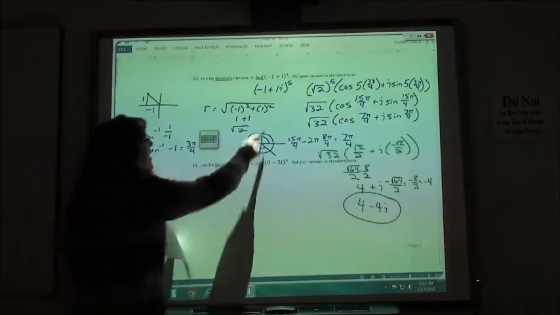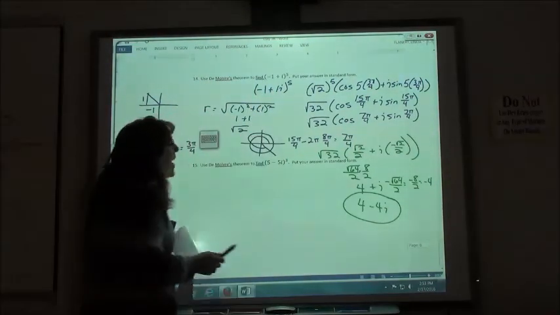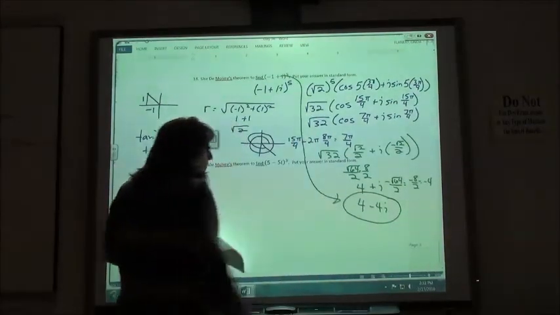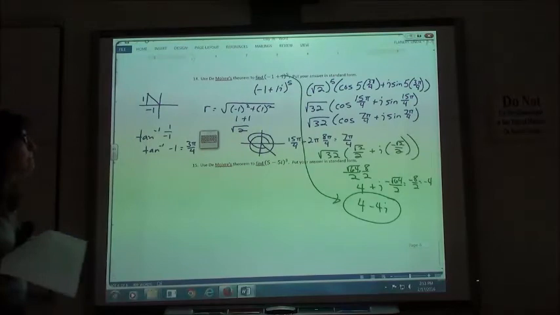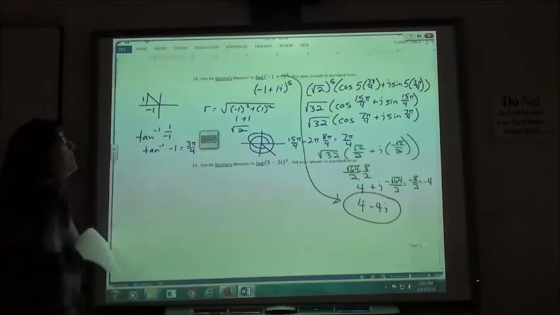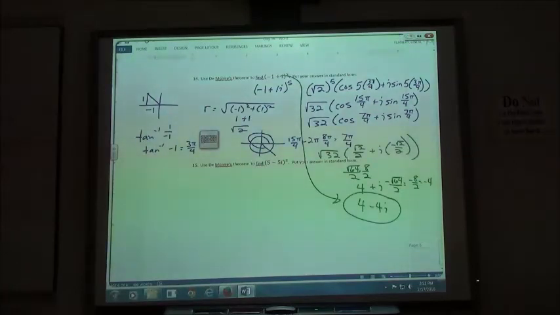So if I would take negative 1 plus i times itself 5 times, I would end up with 4 minus 4i. If I hadn't taken so much space up here, I probably would have fit that all in that section. So hopefully you wrote a little better than I did instead of scribbling everywhere so you could get it all to fit.